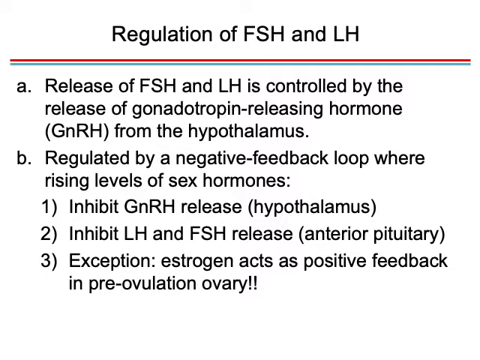Estrogens, however, are a little unique because estrogens appear to have a positive feedback effect prior to ovulation during the female menstrual cycle and go back to their negative feedback function post-ovulation. And we'll discuss that when we get into the 28-day human menstrual cycle.